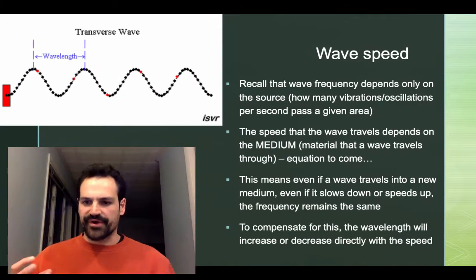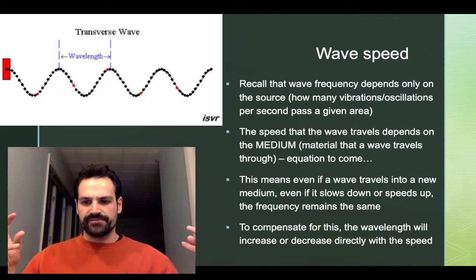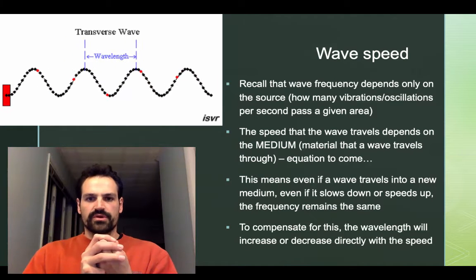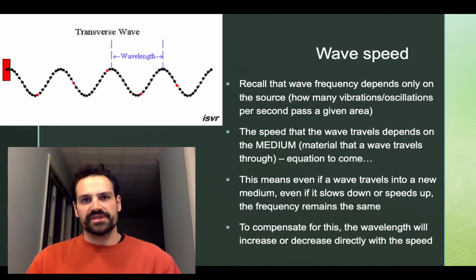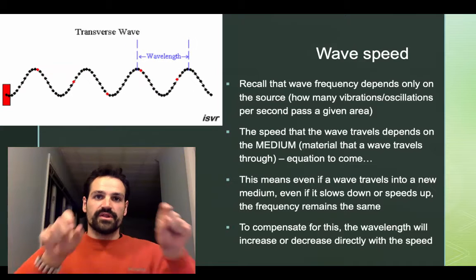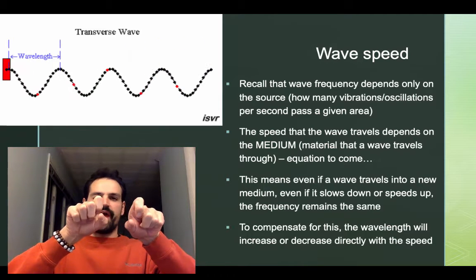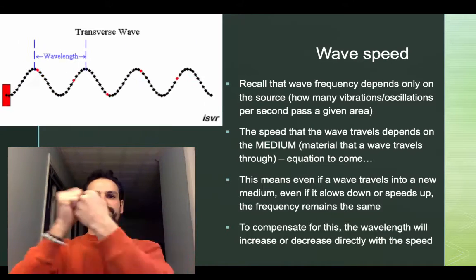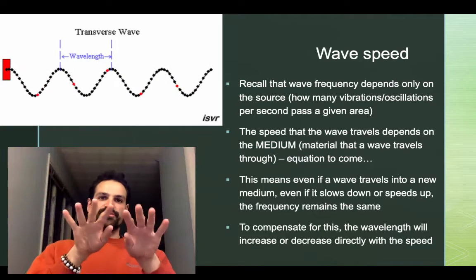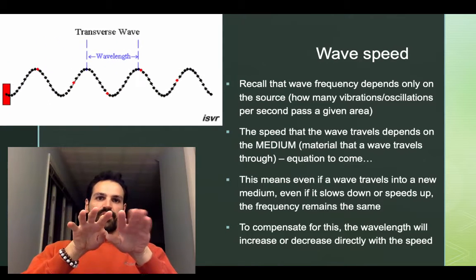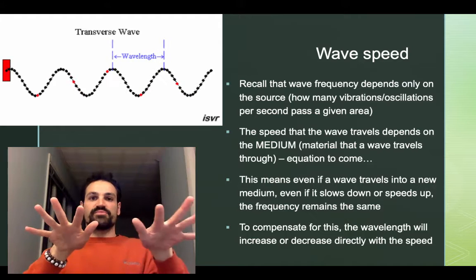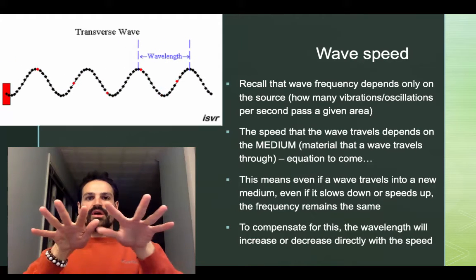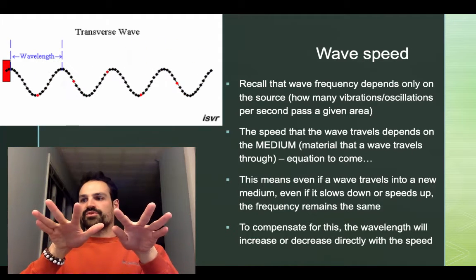So a rough thought is the more closely packed the atoms are together, the molecules are together, the less time they have to go to bump into the next particle. So if you have particles all right next to each other, one wave is going to pass right through them. But if they're spread out, it's going to take time for the wave to travel from particle to particle.